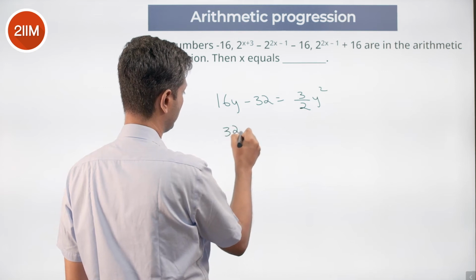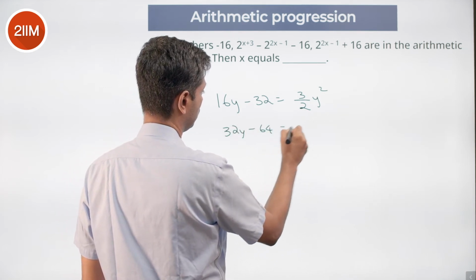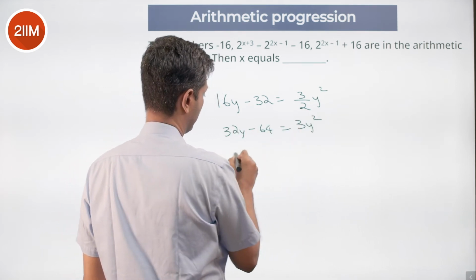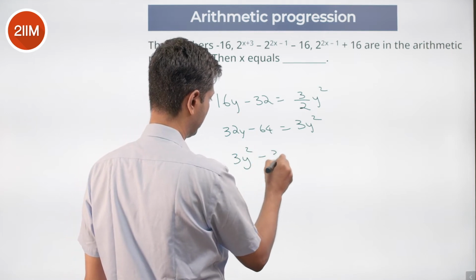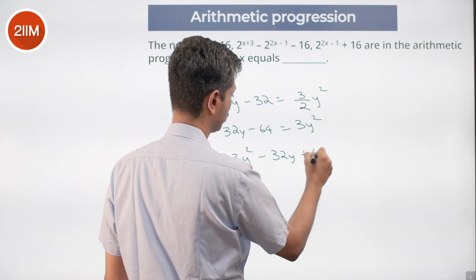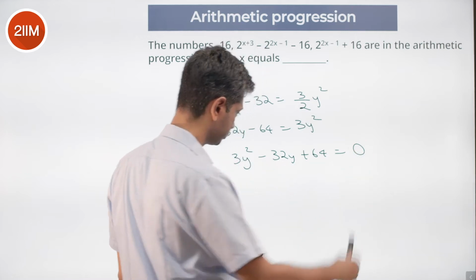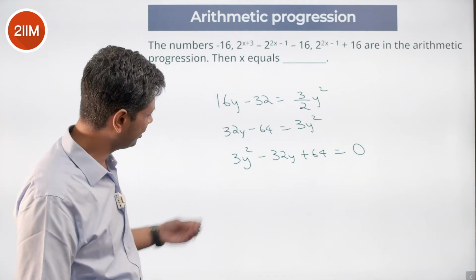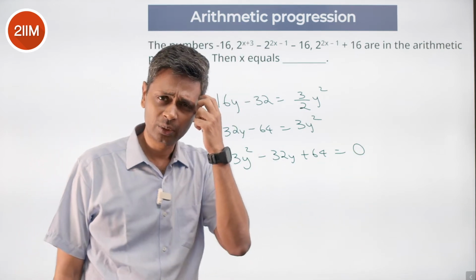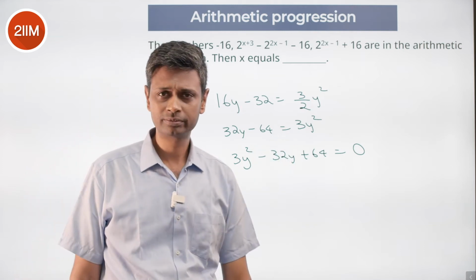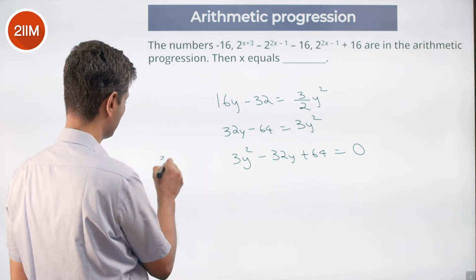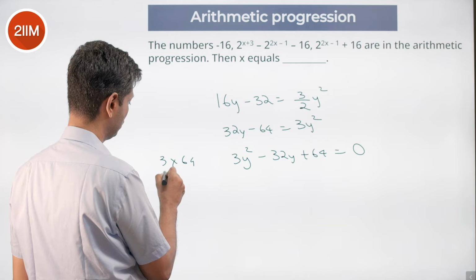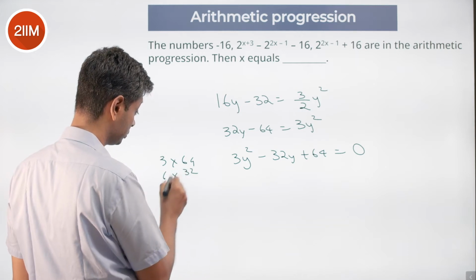So 32y minus 64 is 3y square. 3y square minus 32y plus 64 is equal to 0. You have to break this 32 into 2 parts to get the product 3 into 64. So 3 into 64 is 6 into 32.